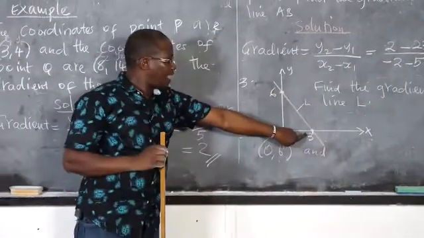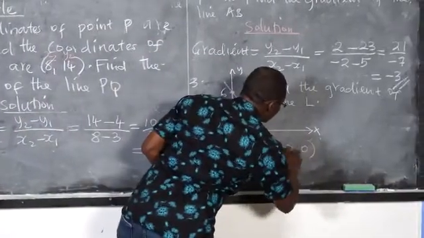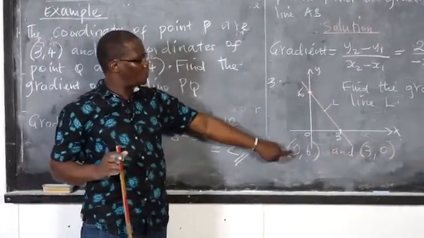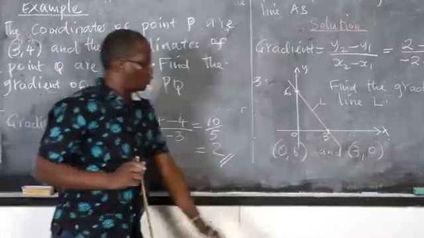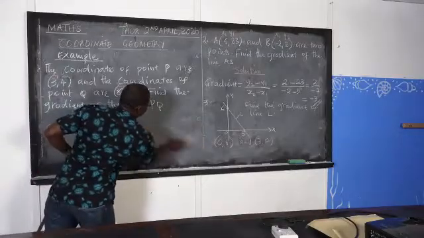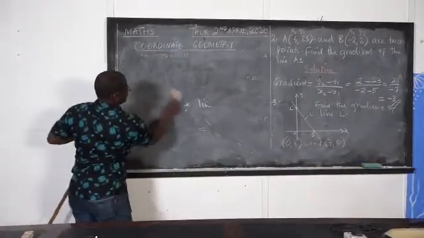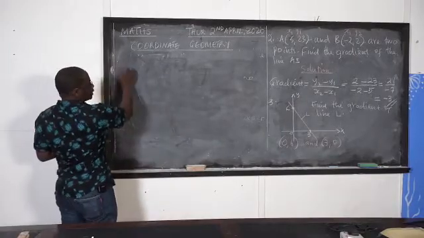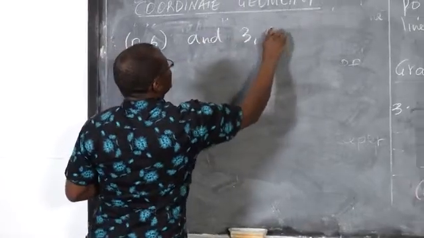And here x is 3 and y is 0. So we have 3, 0. So always remember that on the y-axis, the value of x is always 0. And on the x-axis, the value of y is always 0. So now we have our 2 points. So from there our 2 points are 0, 6 and 3, 0.